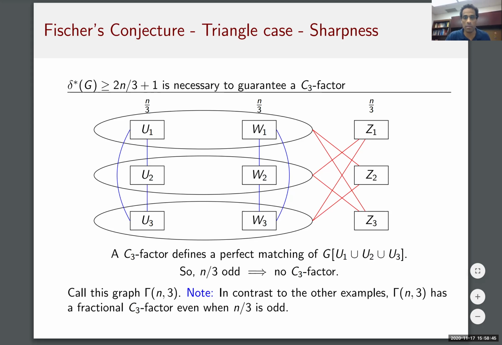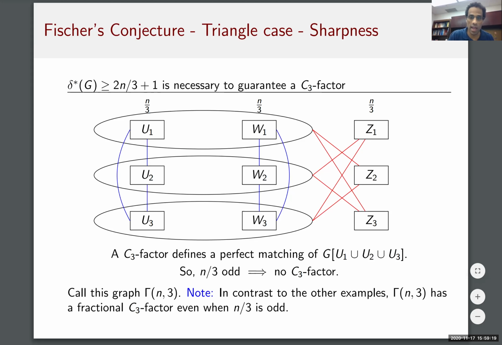Another way of thinking about it is that a fractional C3 factor is where you assign a positive weight to all the triangles, the C3s, in your graph. The rule is that at any vertex, if you sum up the weights on all of the triangles that include that vertex, you cannot exceed 1.